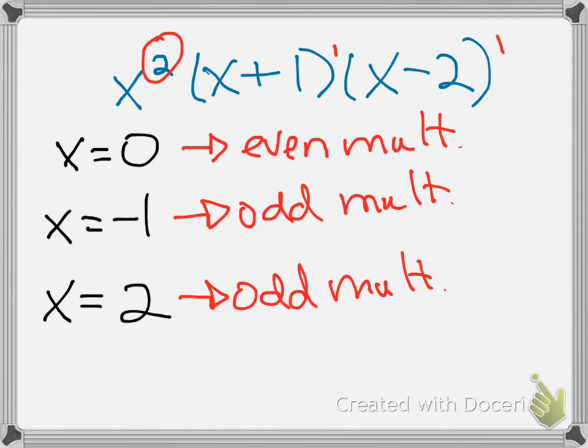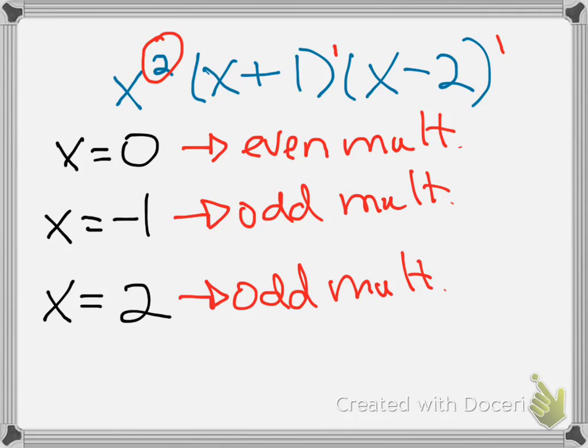And just like we spoke today, saying that the degree of a polynomial sort of dictates its end behavior, the multiplicity, whether it is even or odd, dictates how the function is going to behave just at that very small window right around the zero of the function.